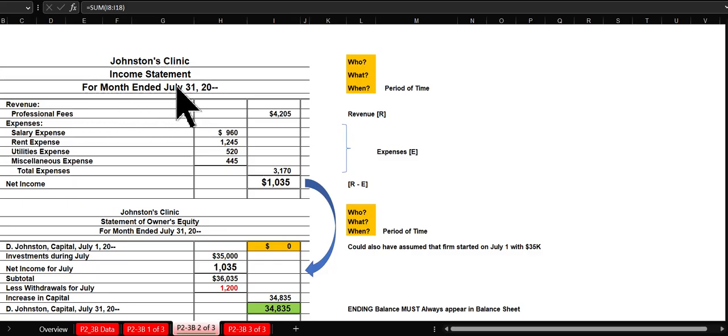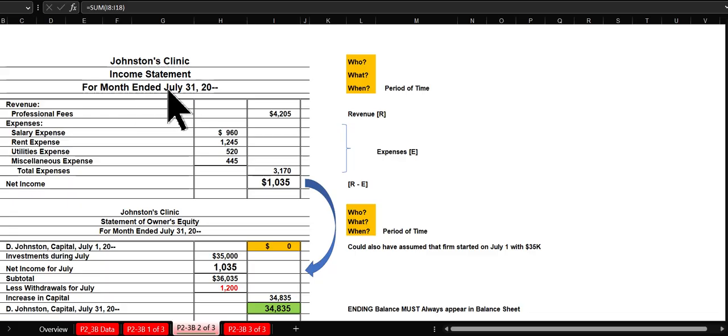If it were for a year, it would say that. So your income statement is summarizing the business's financial performance over a period, in this case 1 month, whereas the trial balance was giving us the balances on a specific date. So again, who, the name of the business, what, the name of the report, it's the income statement, and the when would be the date.